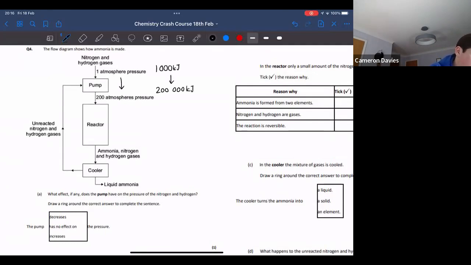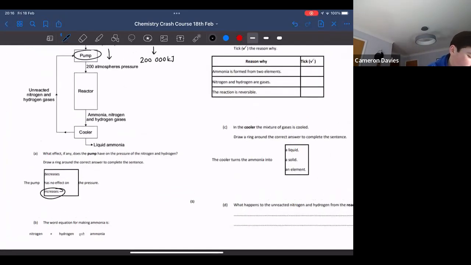Then it's being reacted to produce the ammonia, and then we're recycling the nitrogen and hydrogen. The question is asking, what effect, if any, does the pump have on the pressure of nitrogen and hydrogen? As we said, we're increasing the pressure from 1,000 to 200,000 kilojoules, so obviously the pressure is going to increase.